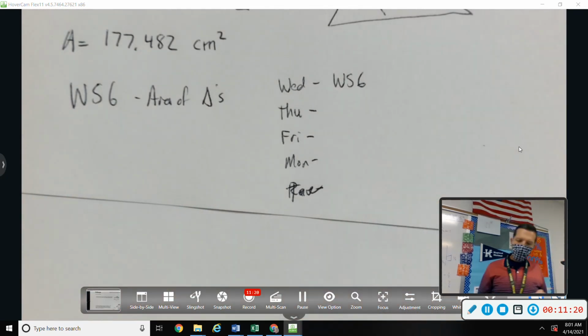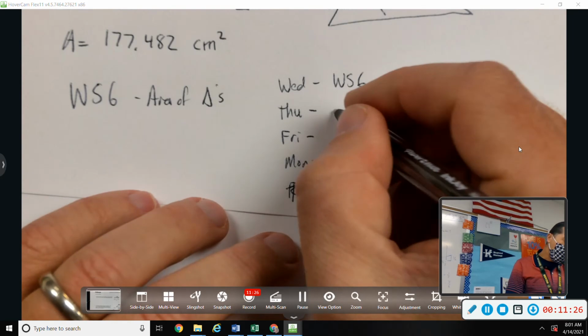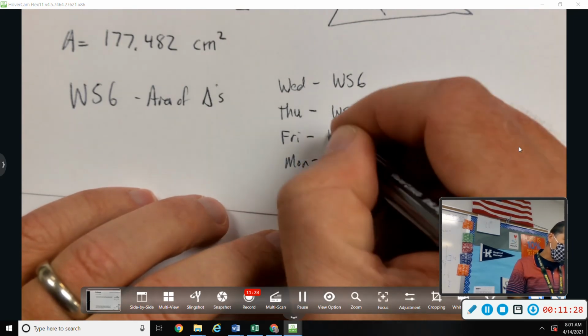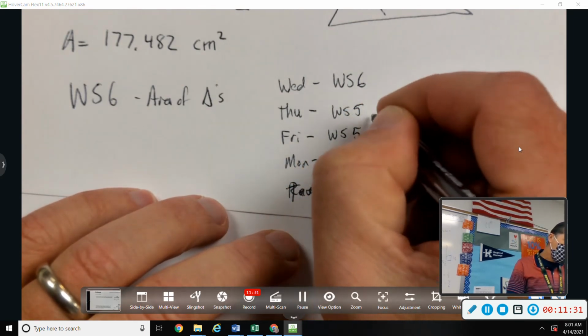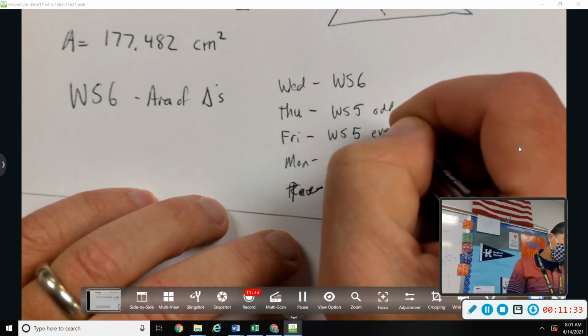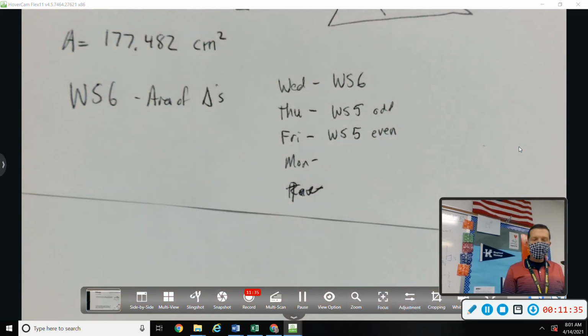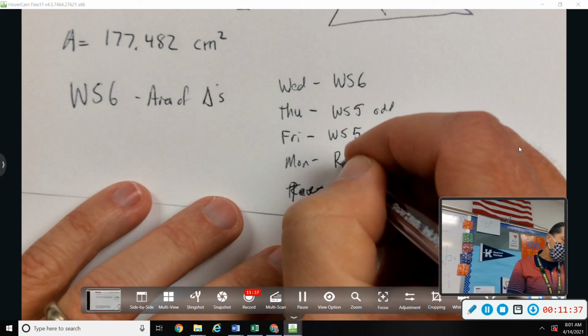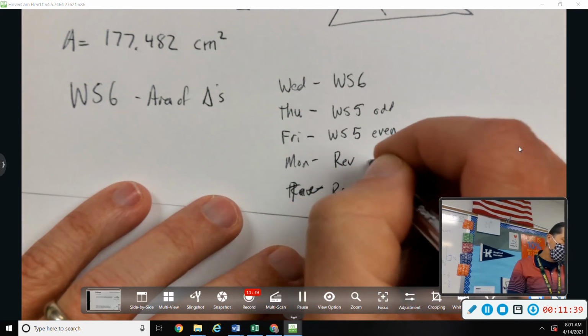Tomorrow and the next day, Thursday and Friday, is worksheet 5. It's just word problems. Odd and even if you're looking for a way to split it up. Monday's the review. Tuesday's the review.